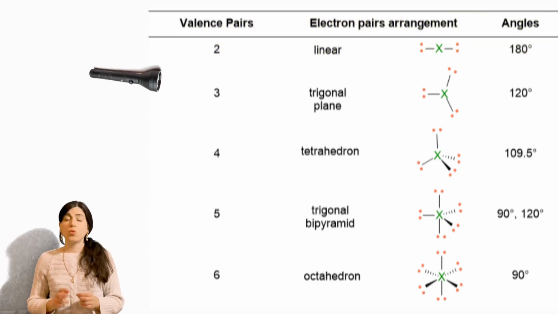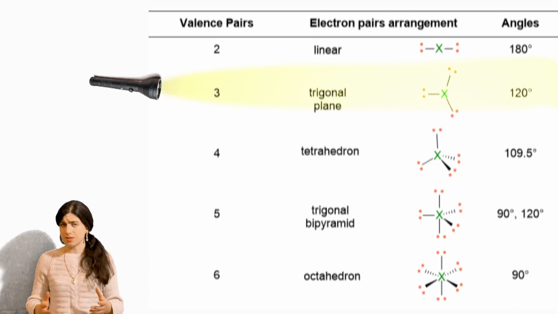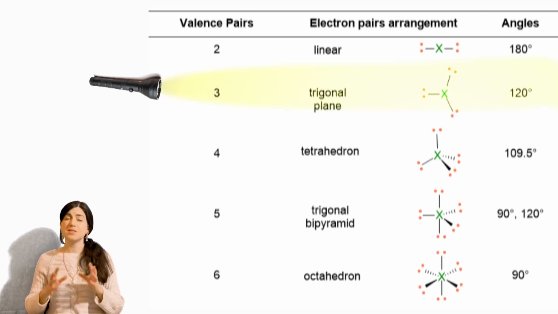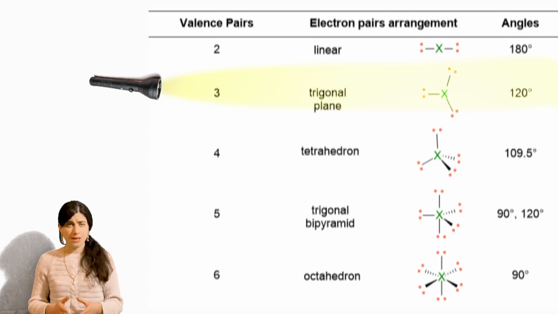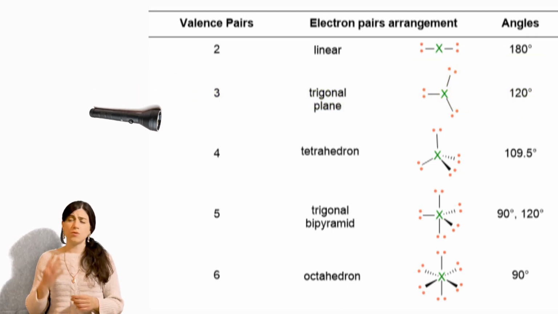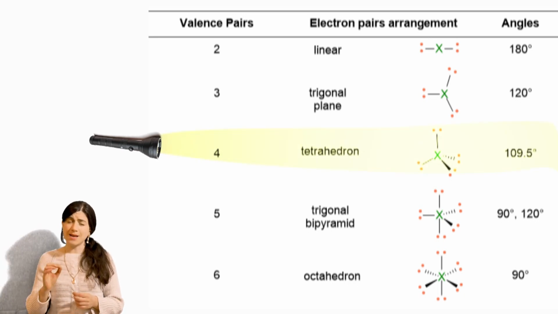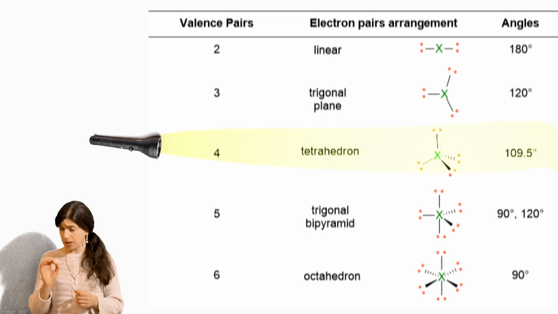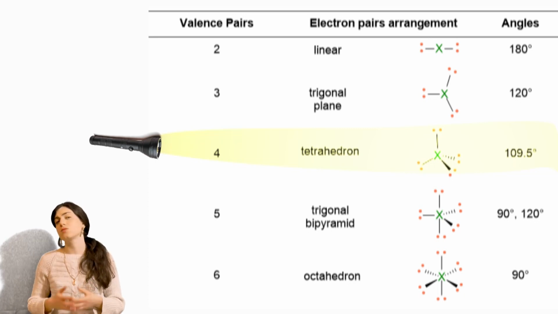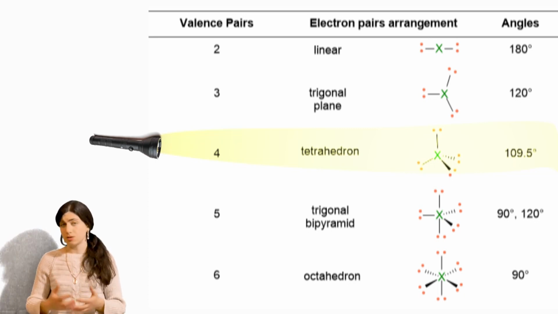On the other hand, if we have 3 valence pairs around the central atom, this time the electrons will place themselves at 120 degrees from each other. And so the electron arrangement is called trigonal planar. 4 pairs of electrons will locate at 109.5 degrees apart, giving rise to what is known as a tetrahedron.